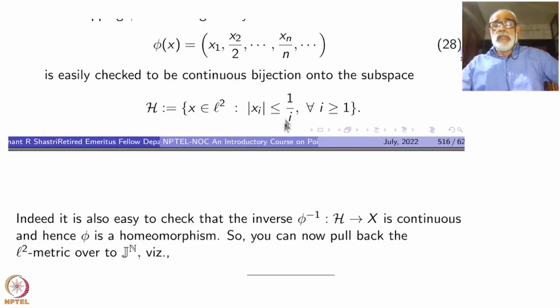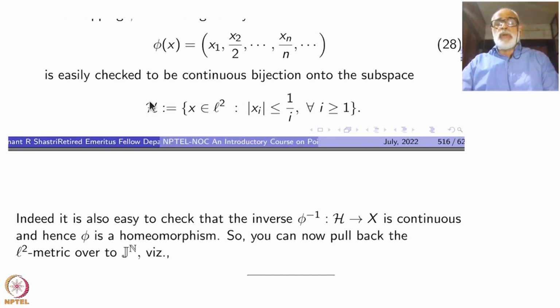But actually, the way I am defining the ith coordinate, I am just multiplying it by the integer i. So even the inverse function is also continuous. There is no problem, which just means that this map phi is a homeomorphism of J power N onto a subspace of the Hilbert space.